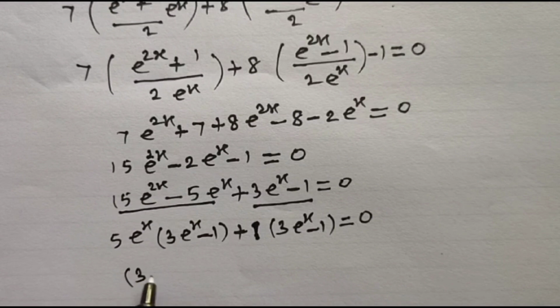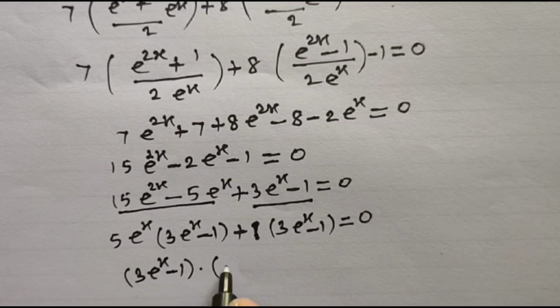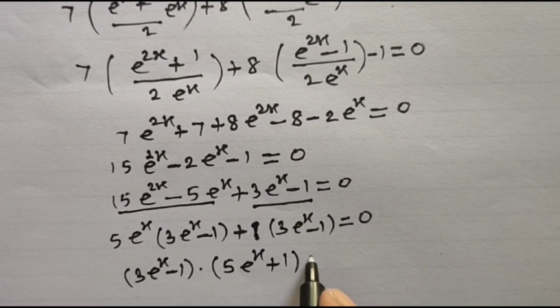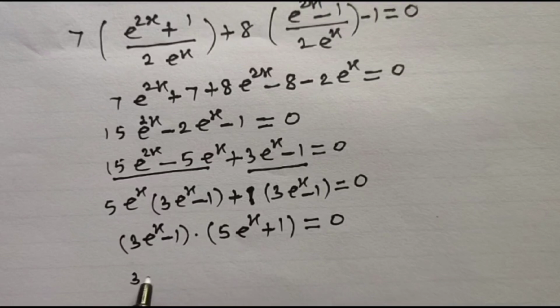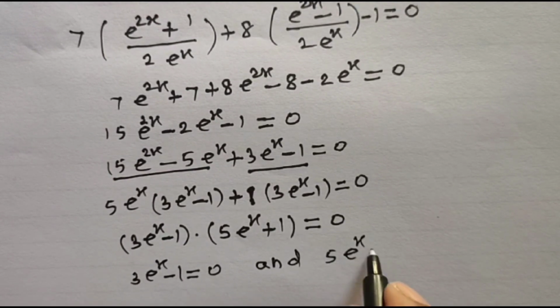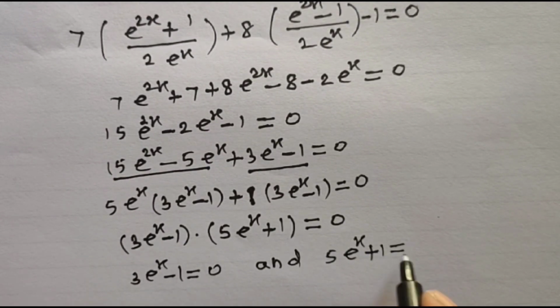Hence (3 times e to the power x minus 1) into (5 times e to the power x plus 1) is equal to 0. So 3 times e to the power x minus 1 is equal to 0, and 5 times e to the power x plus 1 is equal to 0.